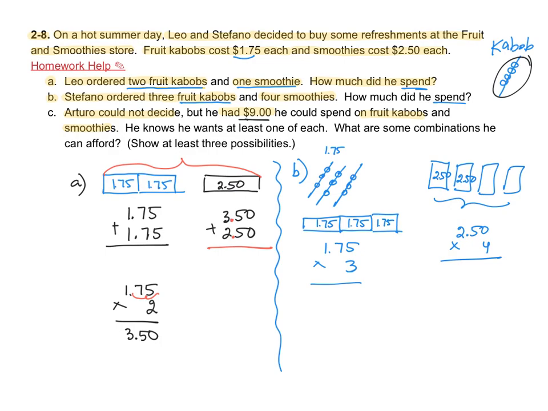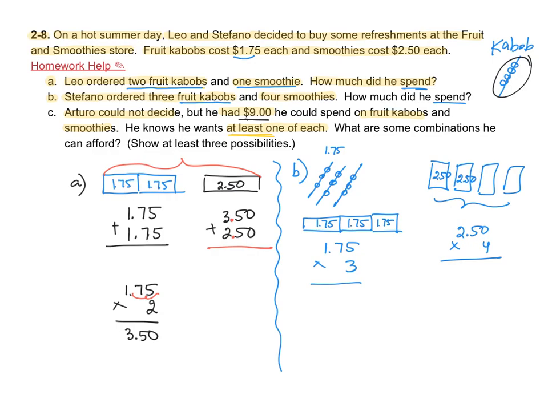He knows he wants at least one of each. So that means Arturo wants 1 smoothie and 1 fruit kebab, but it could be more than that. But at least once, that's what it means to have at least 1 of each. So you can have 1 or more of each of the 2 choices.